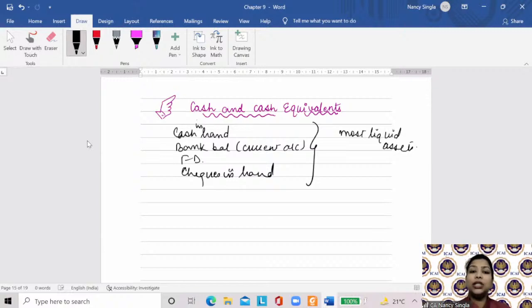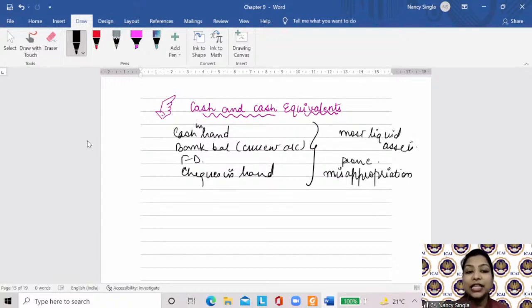So these are very much prone to misappropriation. So tell me, is there a need for the auditor to remain alert all the time, to apply utmost professional skepticism?